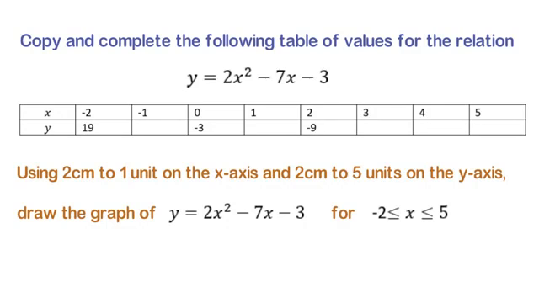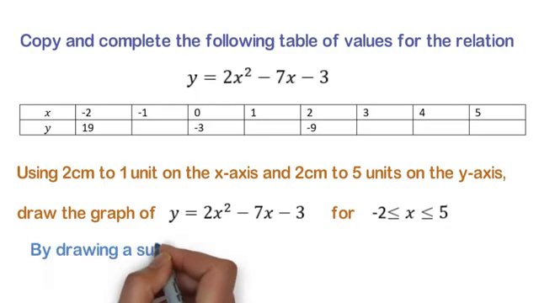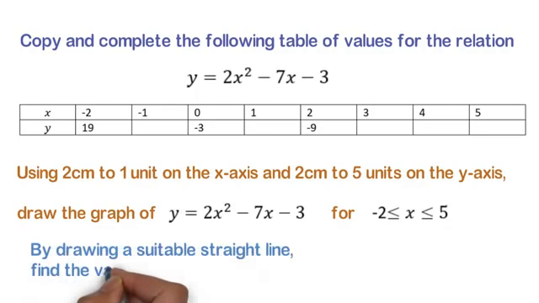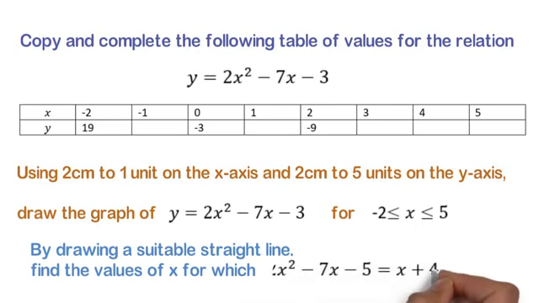So you have to make a table of values which is seen here, then you plot the graph as you see it here. Then the question continued to say, by drawing a suitable line, find the values of x for which 2x squared minus 7x minus 5 equals x plus 4.